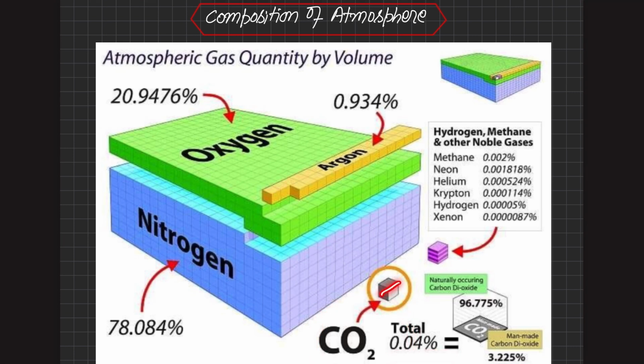If we divide this smaller cube into further smaller units, this whole mixture constitutes different layers of the cube, and the other gases include methane, neon, helium, krypton, hydrogen and xenon. So this diagram compares the volumes of the different atmospheric gases that constitute the overall atmosphere of our Earth.